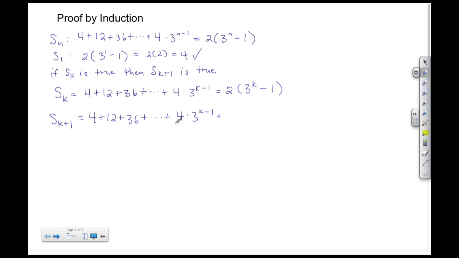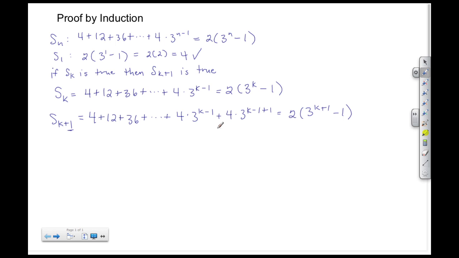That just means I'm going to add 1 to my k value. So I rewrite this last term, 3 raised to the k minus 1, but I need to add 1 to that because I'm going to the next term. I also need to do that to the expression at the end: 3 raised to the k plus 1 minus 1.